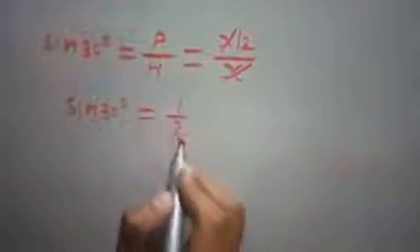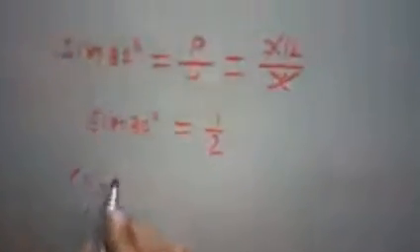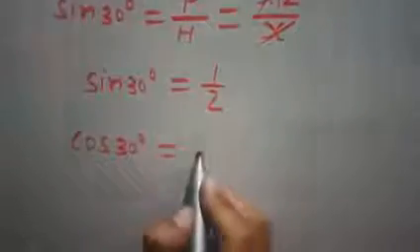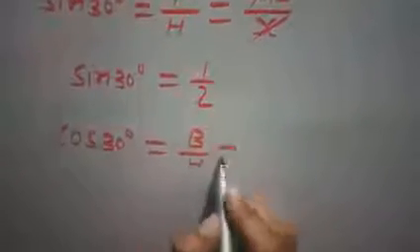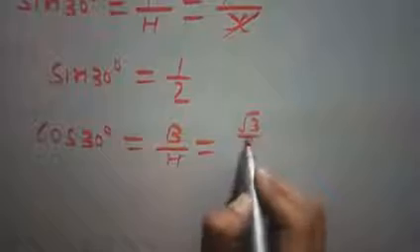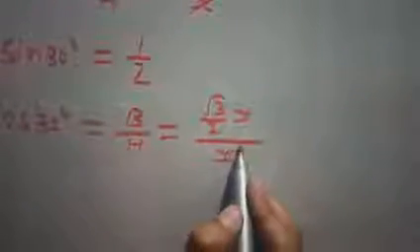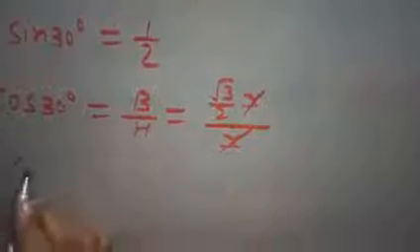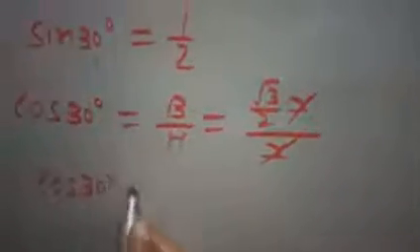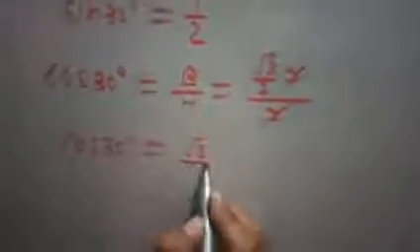1 by 2. Similarly, if we find cos 30, that is base upon hypotenuse. Now this time base is root 3 by 2 x and hypotenuse is x. So x cancel. So cos 30 is root 3 by 2.